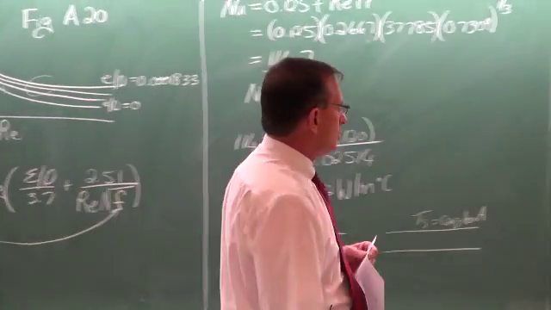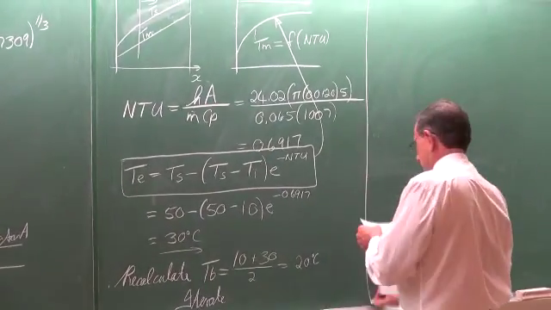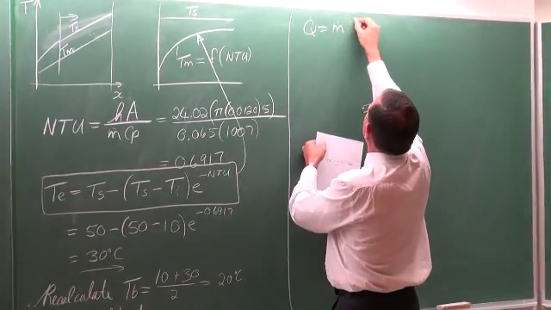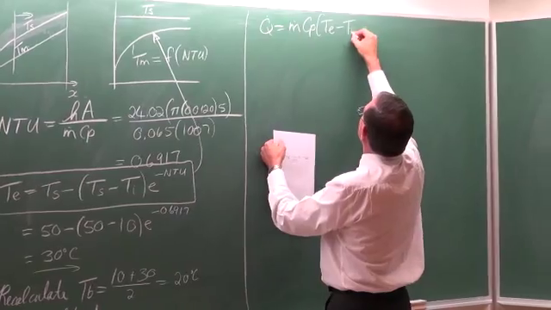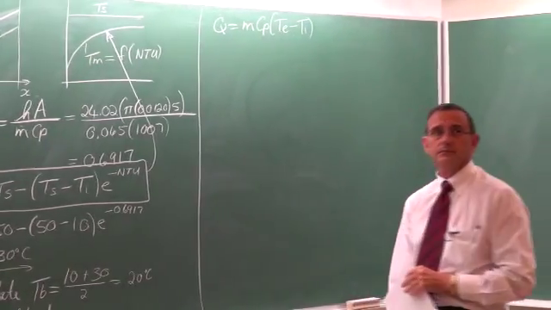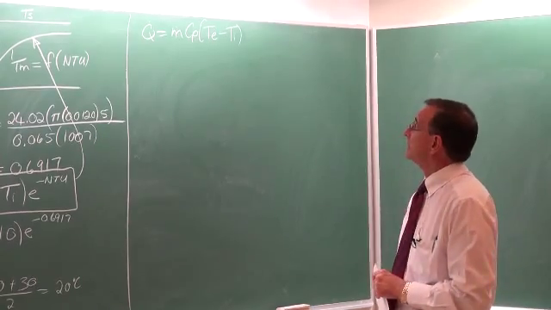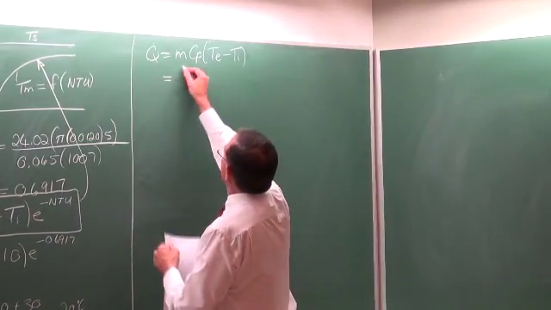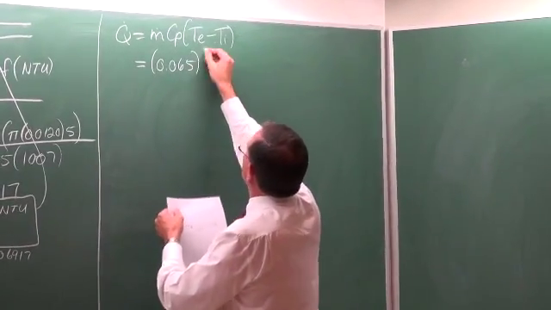Right. So now we've got the outlet temperature and we can calculate the heat transfer rate. The heat transfer rate is equal to the mass flow rate multiplied by Cp multiplied by the outlet temperature minus the inlet temperature. The mass flow rate has been given as 0.065.